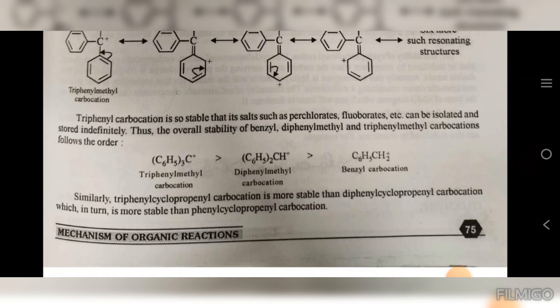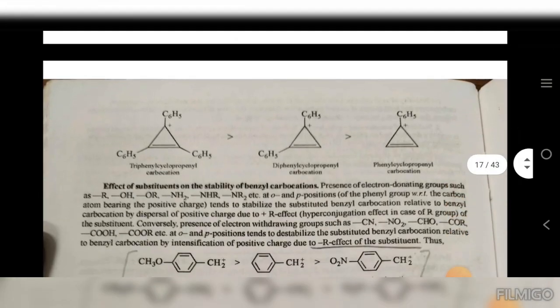Thus, the overall stability of benzyl, diphenyl methyl, and triphenyl methyl carbocations follows the order: triphenyl methyl carbocation > diphenyl methyl carbocation > benzyl carbocation. Similarly, triphenyl cyclopropenyl carbocation is more stable than diphenyl cyclopropenyl carbocation, which in turn is more stable than phenyl cyclopropenyl carbocation.